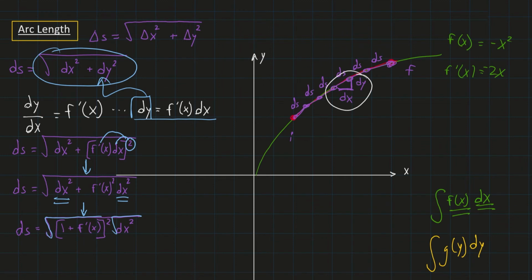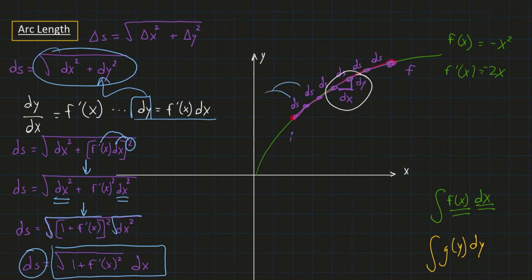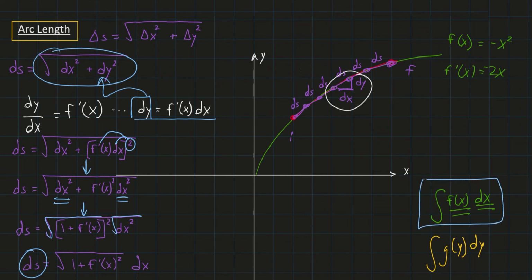What that does is it turns the dx squared into just a dx. So now I have an expression that gives me ds, the length of one of these tiny distances. And also I've put it into a nice integral form. I have some function here, some equation that depends on x, and here I have my differential x.